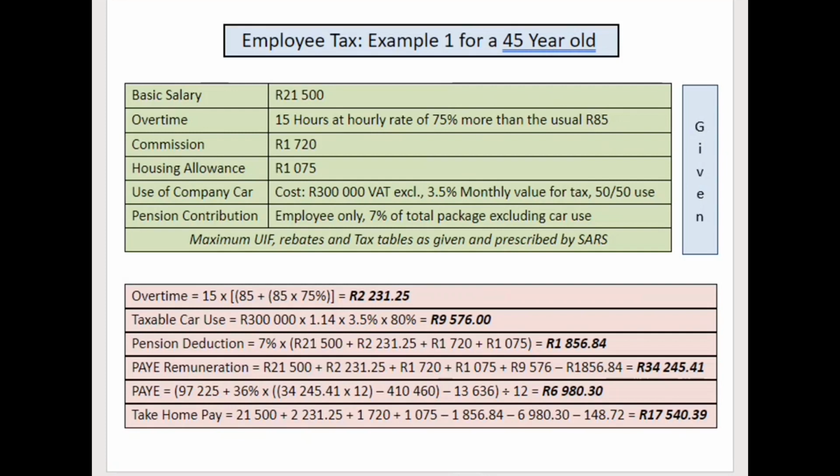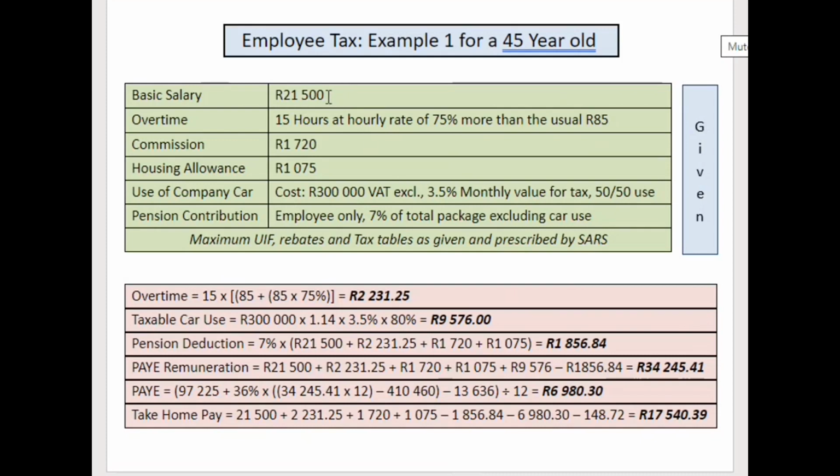He's working, he's over the age of 16, but he's not 65 years old yet. When you turn 65 and you get old, SARS is a little kinder with you. But if you're 45 or 52, or 64, then you are a normal taxpayer.